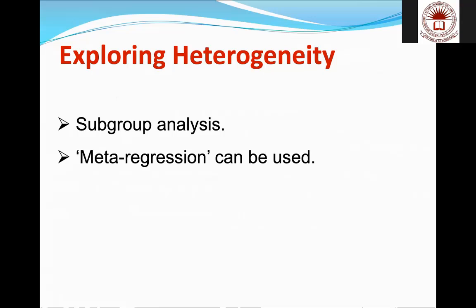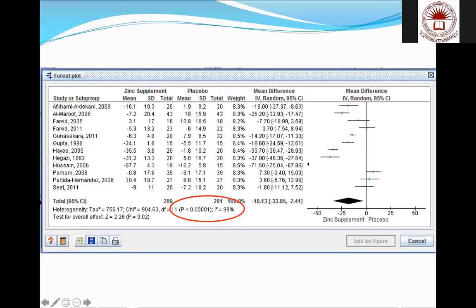Another option to explore the heterogeneity is what you call a subgroup analysis. I already described that yesterday. A subgroup analysis is where, let's say now, here you have pooled data. I will go back to the forest plot. Here there are studies looking at different doses of zinc.